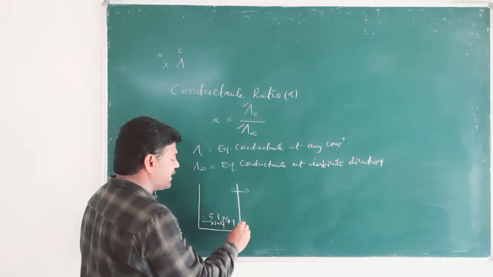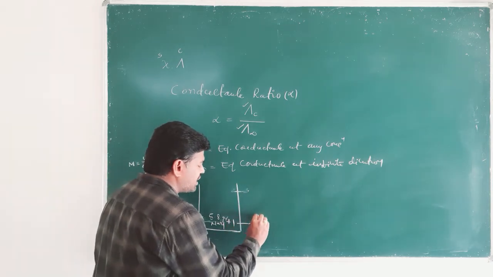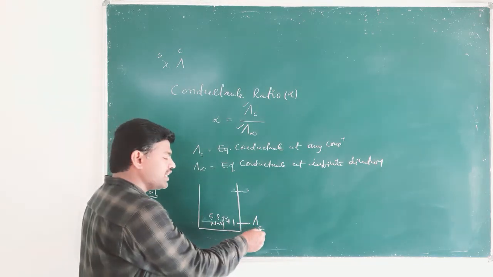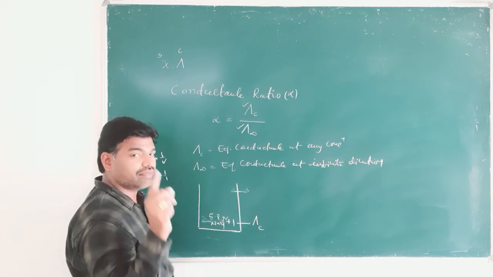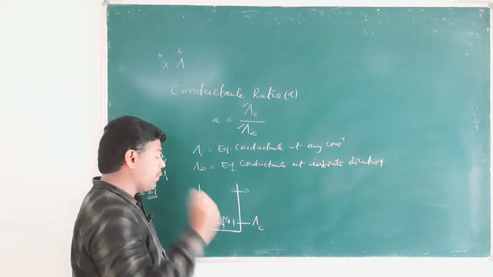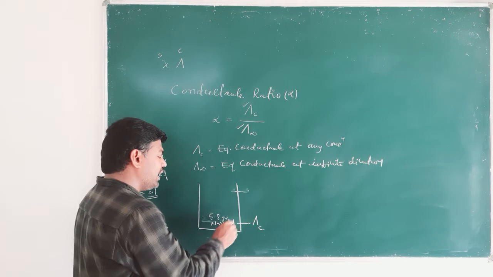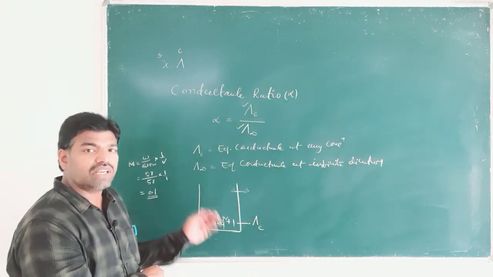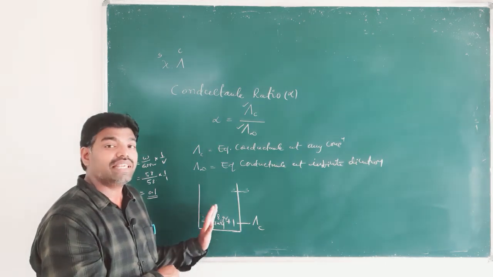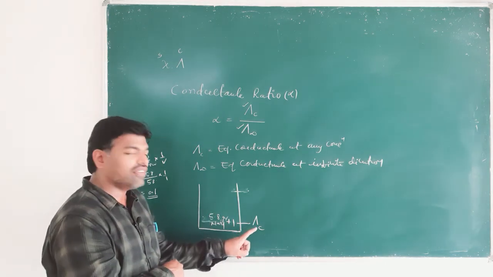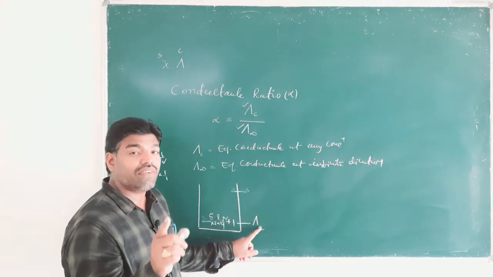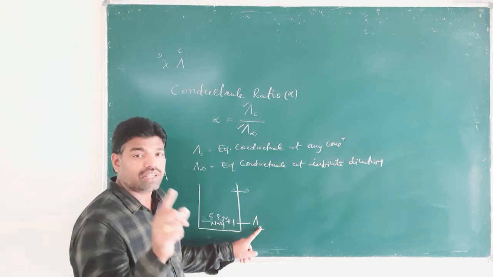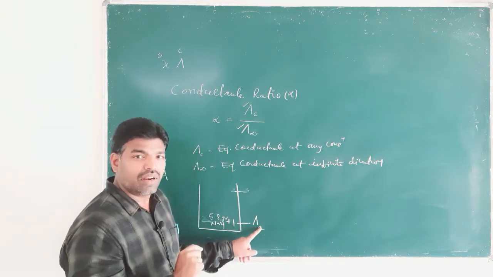The equivalent conductance at this concentration is represented as lambda C, where the concentration is 0.1. This is known as the equivalent conductance at a particular concentration of 0.1.